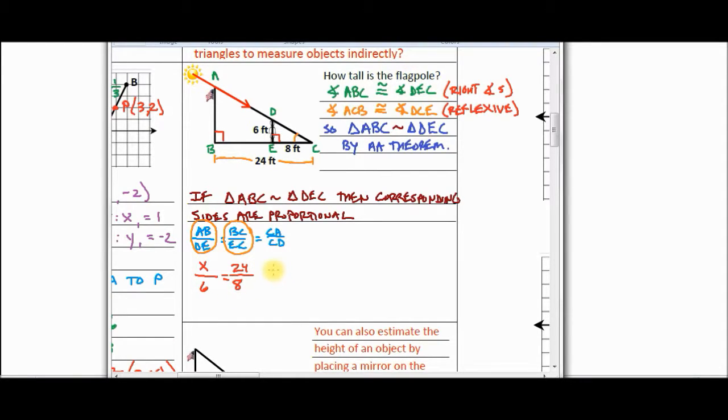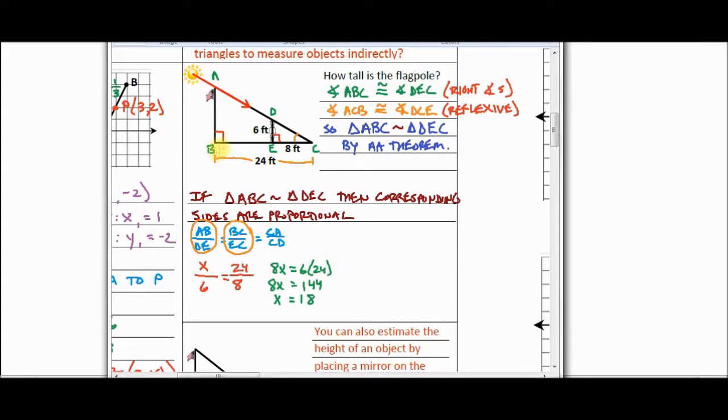This is going to be 8x is equal to 6 times 24. So 8x is equal to, let's see, 6 times 24 is 144. Divide both sides by 8, and x equals 18.